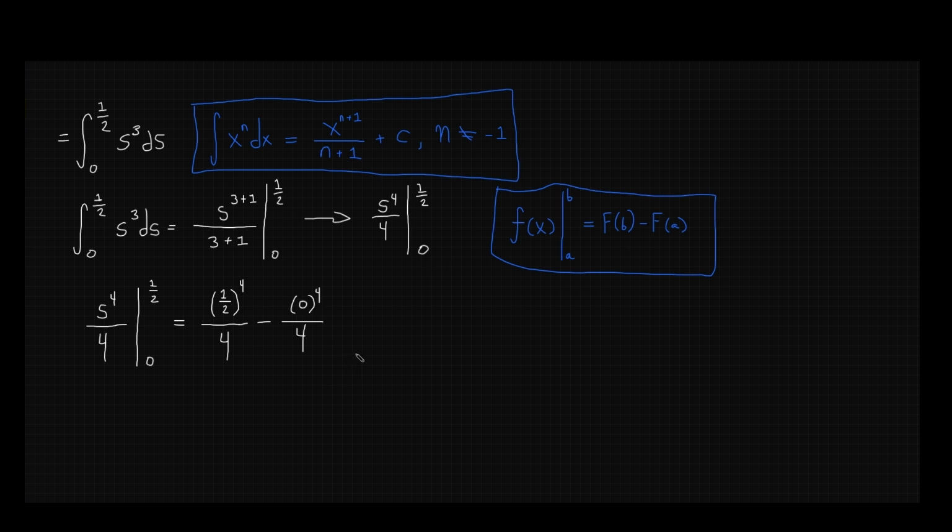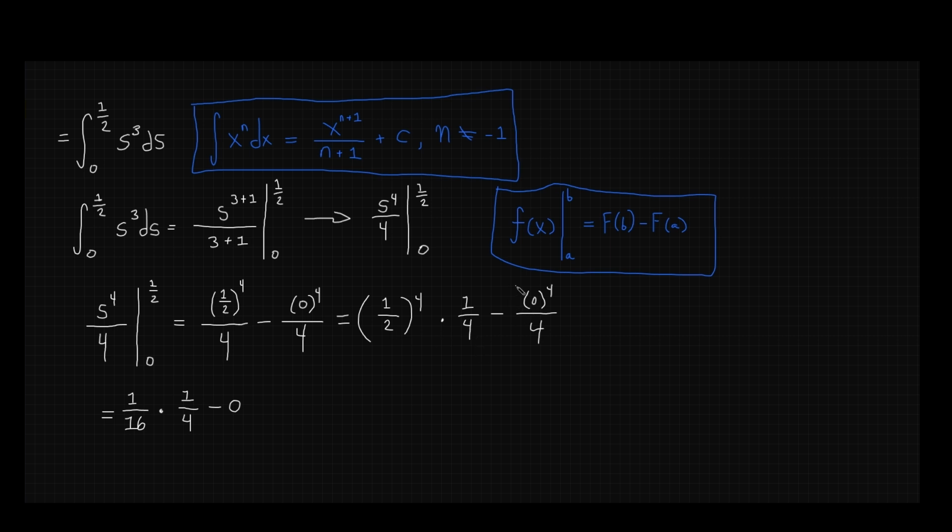Great. So what does this equal? Well, we're going to work through the problem. 1/2 to the fourth power over 4 minus 0 to the fourth power over 4. That's the same thing as 1/2 raised to the fourth power times 1/4 minus 0 raised to the fourth over 4. Okay? And we can continue to work through this. When you apply this exponent of 4 to 1/2, you apply it to the numerator, which is going to be 1, and then you apply it to the denominator, which is going to be 16, and then you still have to multiply it by 1/4.